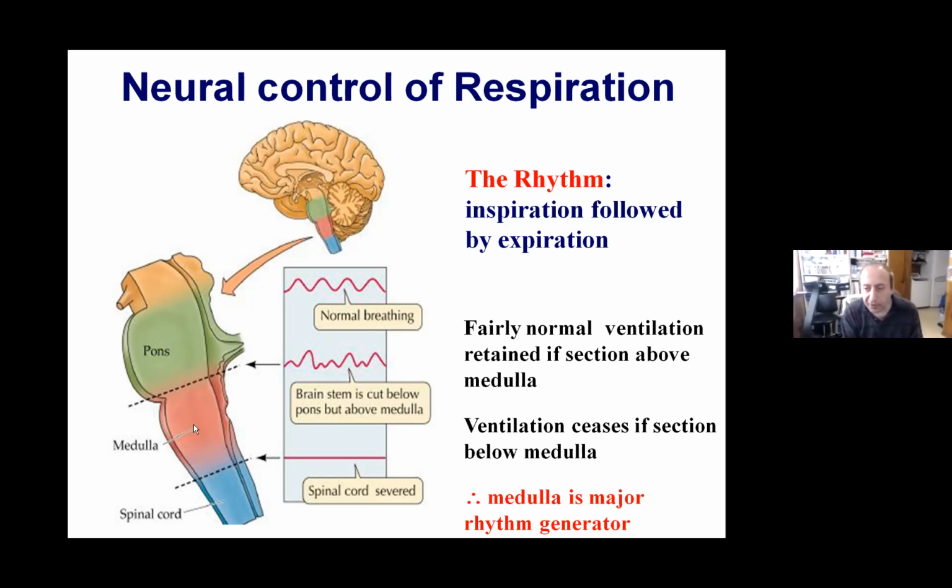So in conclusion, the medulla contains the central pattern generator for generating rhythmicity and controlling the muscles that are involved in cyclic breathing.